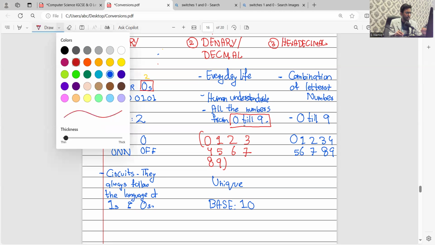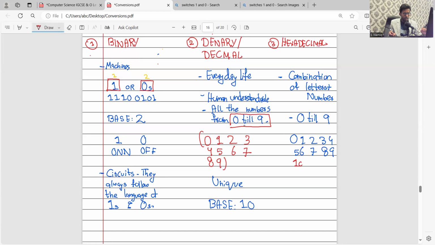And then from 10 you have A, from 11 you have B, from 12 you have C, from 13 you have D, from 14 you have E, and from 15 you have F. So it ends here.